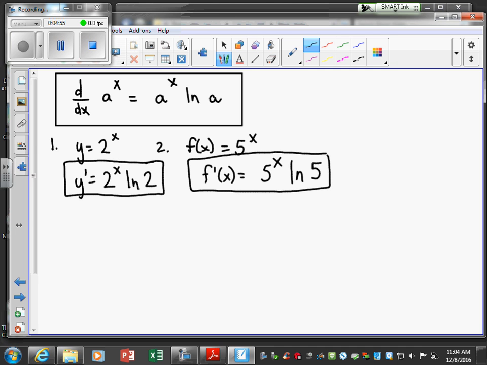All right. Just like our exponential, we also have the form a to the u, so we have a more complicated exponent basically. When that happens, it's going to be defined by a to the u, natural log of a, but then we also have to take into account the derivative of the exponent, so du dx.